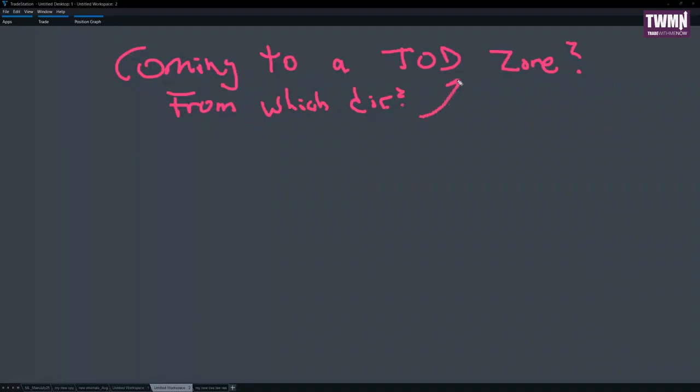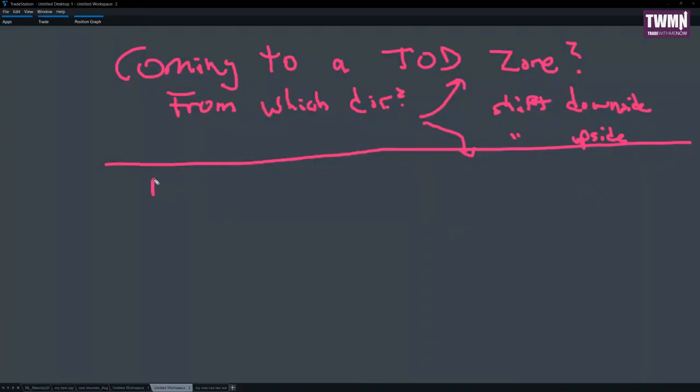Coming up. Great. Shift that you're looking for is to the downside. Shift coming down, shift then would be to the upside. So that's number one.